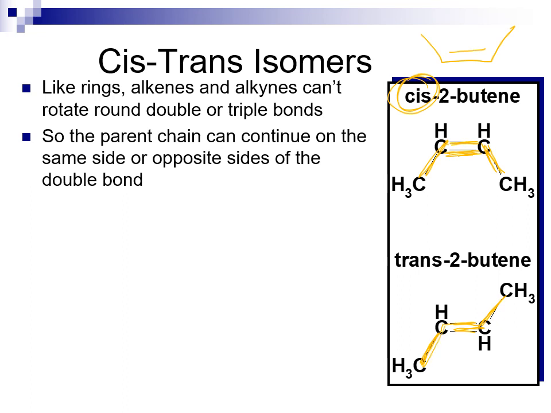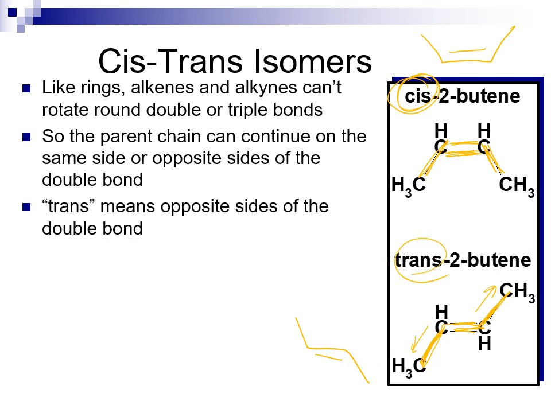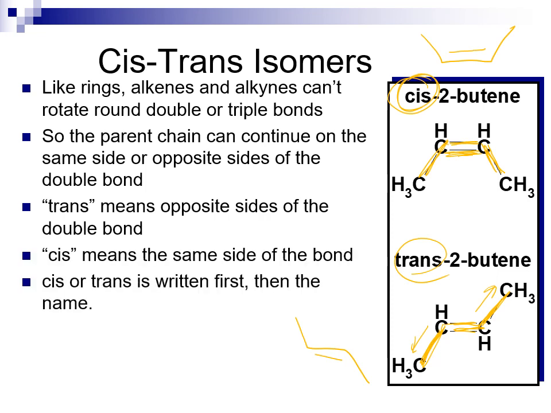Trans configuration is where they point in opposite directions. One's pointing up and one is pointing down, and realize you could also have it the other way around like that. So the first one's pointing up and the second one's pointing down. It's the same thing, just rotated. And so that particular configuration is called a trans configuration. So trans means they're pointing in opposite directions. Cis means they're pointing on the same side, is the easiest way to think about it.